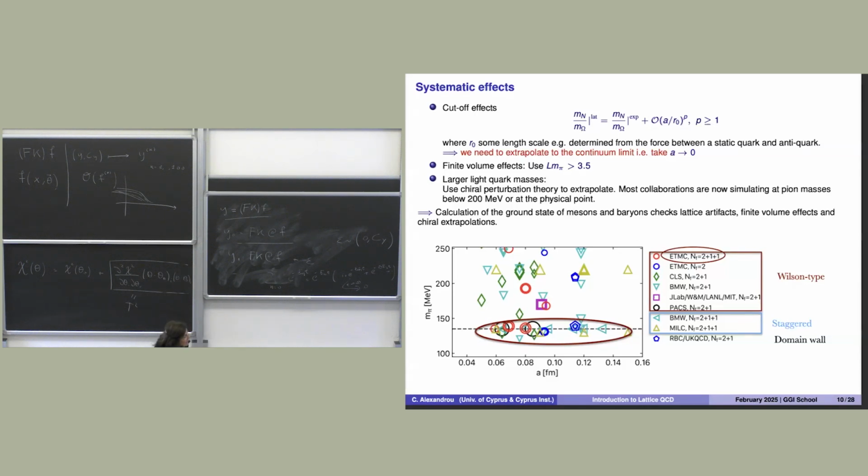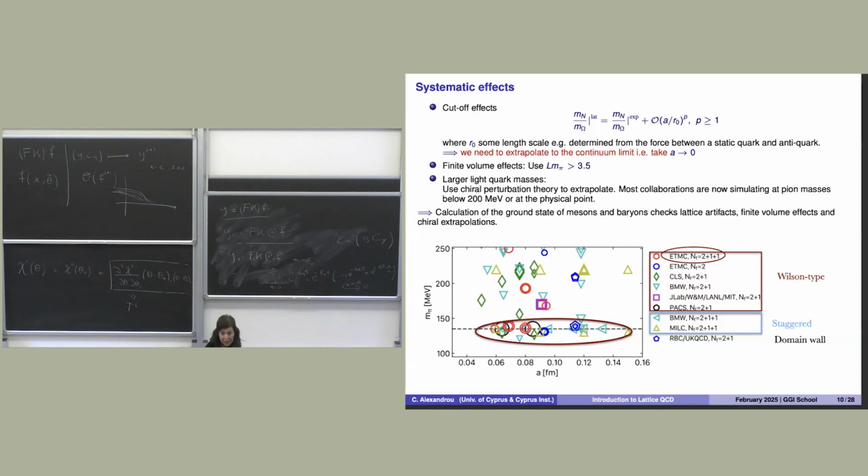So you see that for spectroscopy and structure, most of the collaborations use Wilson-type fermions because it's easier to do the calculation. Very few use staggered, BMW and MILC, and only one uses domain wall. This is in the US and UK, QCD and RBC.